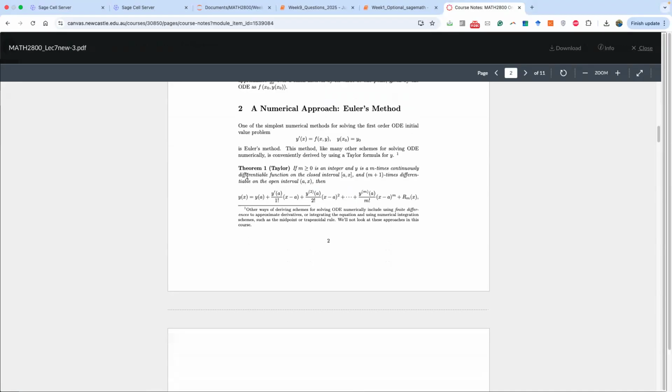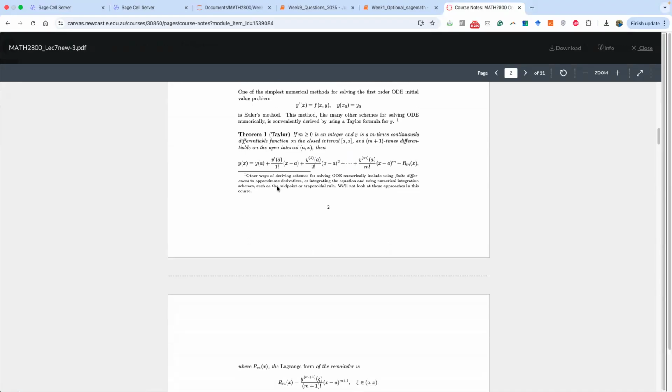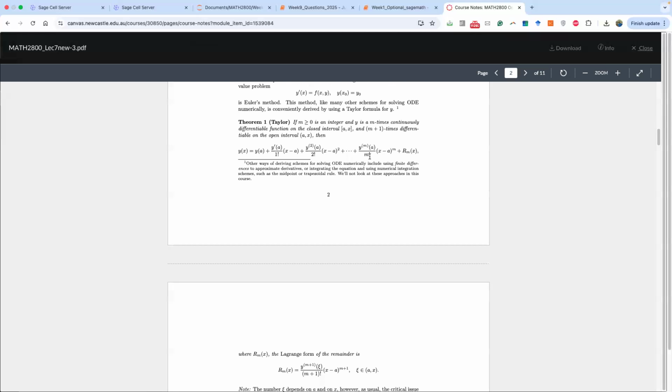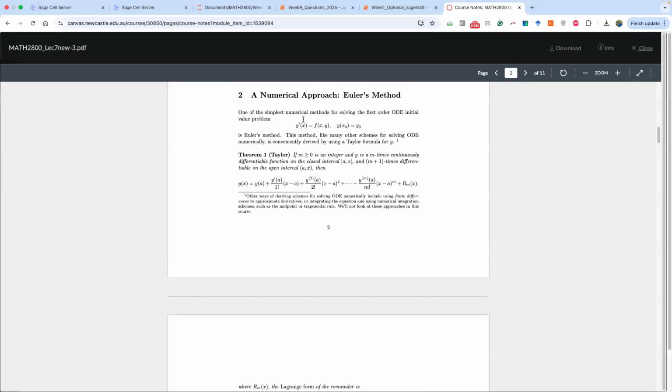We know that from Taylor's theorem, we can review the Taylor if we deal with the ODE equation in the form of y prime equal f of x y, and we can implement a numerical approach for solving this ODE.